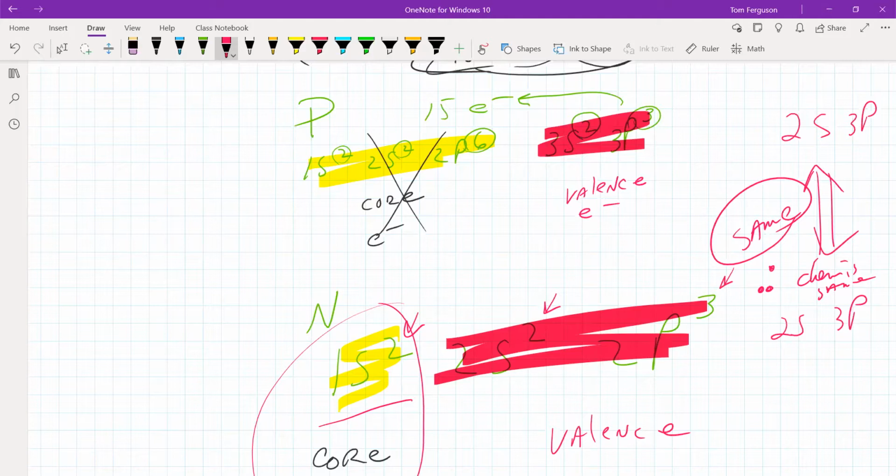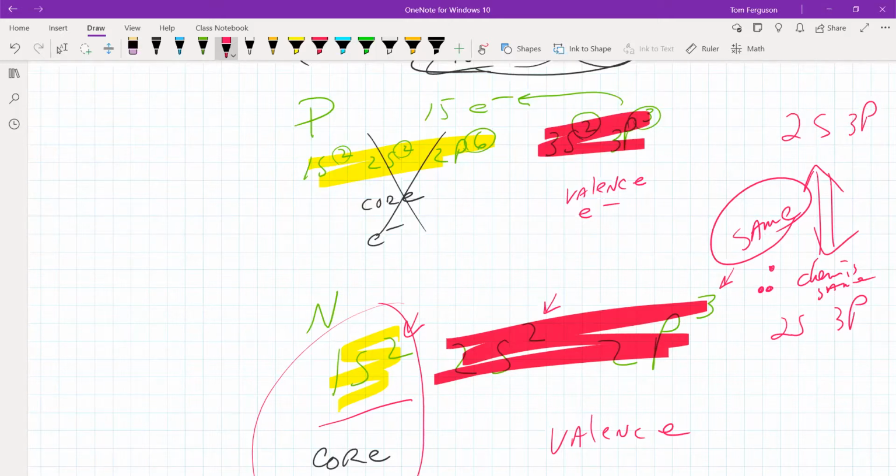Okay, so now you know technically why phosphorus and nitrogen act similarly. And that is why in your bodies, you'll find a lot of nitrogen and phosphorus compounds. Something called phospholipids, nitrogens are in heterocyclic compounds all over the place.